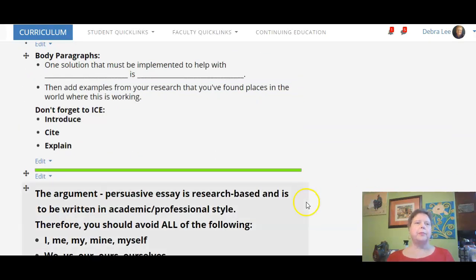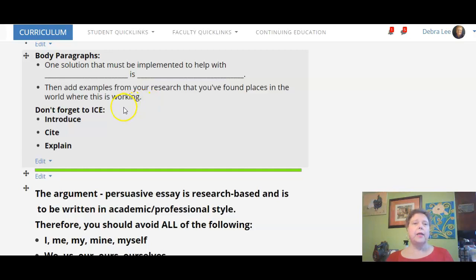Here's a little template you could use. One solution that must be implemented to help with whatever the target goal is, and then you can give that background, that example. Add examples from your research, and if one example is good, 2 makes it even better.